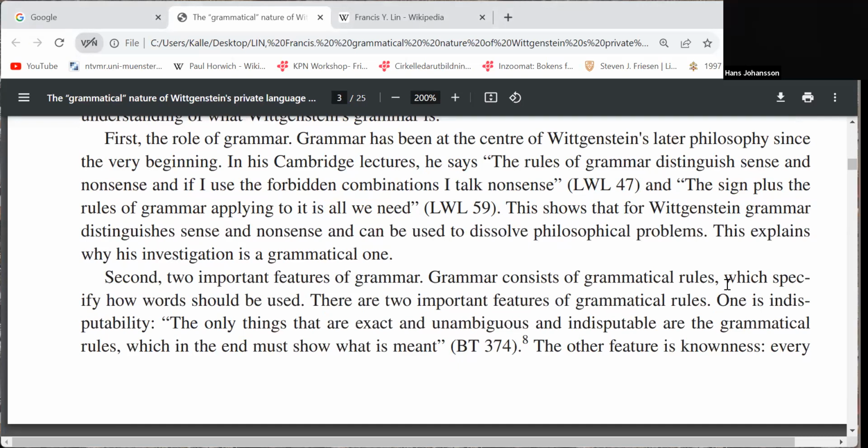Grammar has been the center of Wittgenstein's later philosophy since the very beginning. In his Cambridge lectures, he says, the rules of grammar distinguish sense and nonsense, and if I use the forbidden combinations, I talk nonsense.